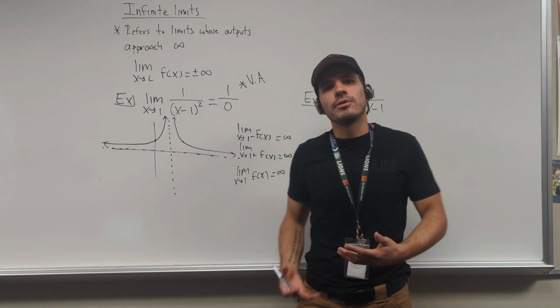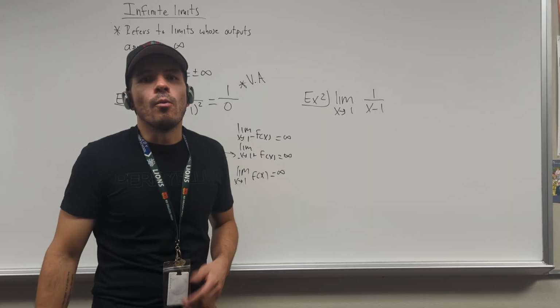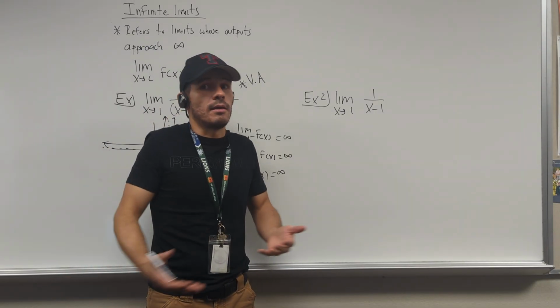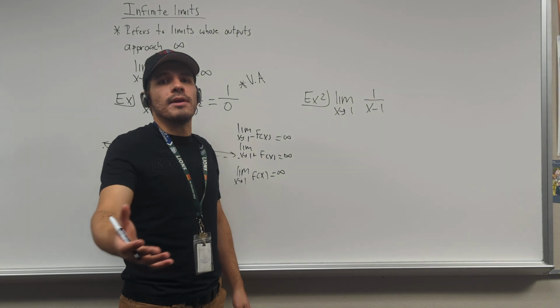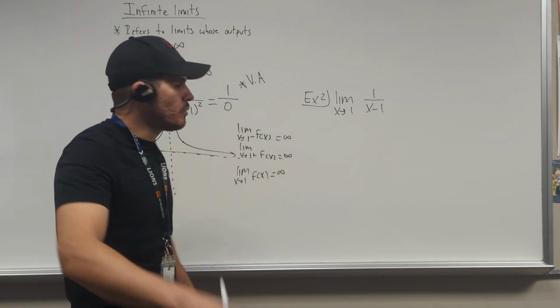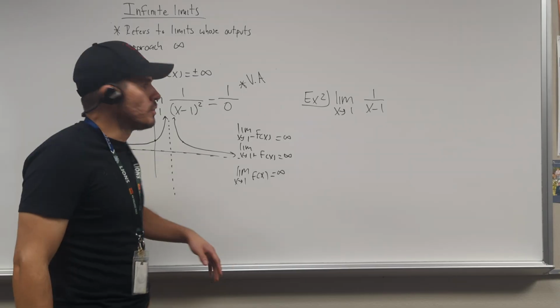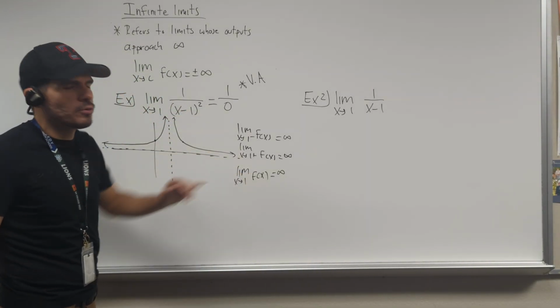So I just wanted to address that. Depending on where you're at, depending on what your teacher or professor wants, just follow what they're requesting from you. In my class, I do like to mention that technically speaking, by that definition, the limit shouldn't exist, but I do want them to know that it's going to infinity. So the answer for our first example will then be that I am going towards infinity.